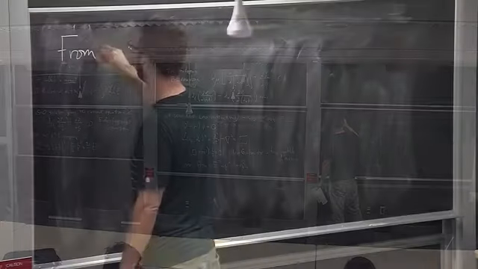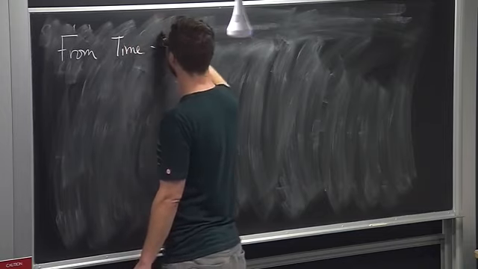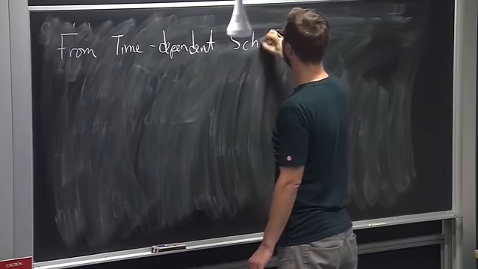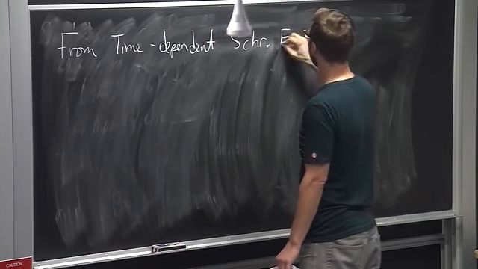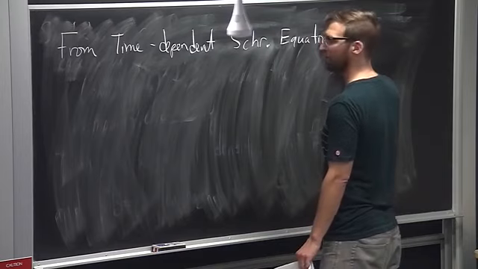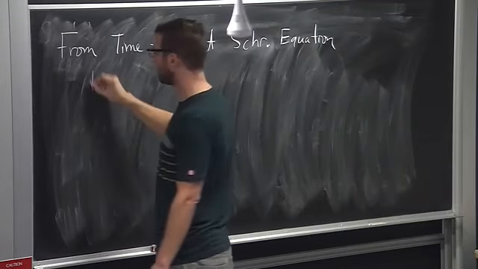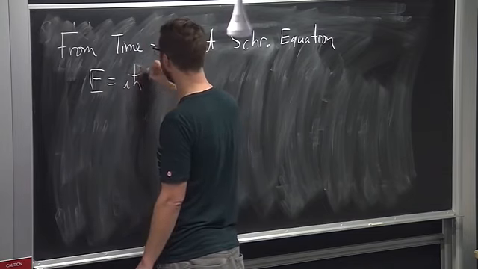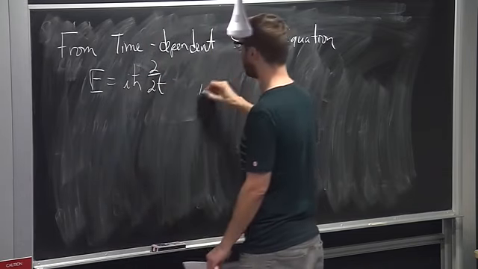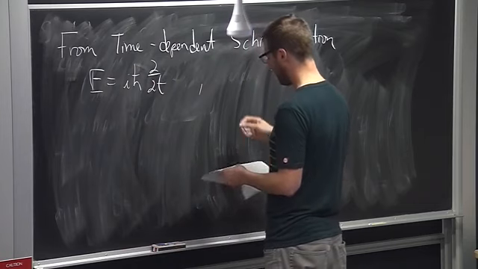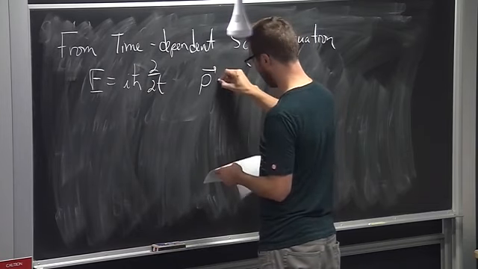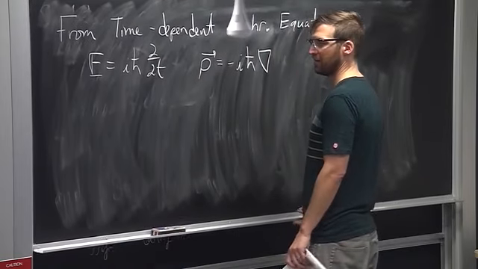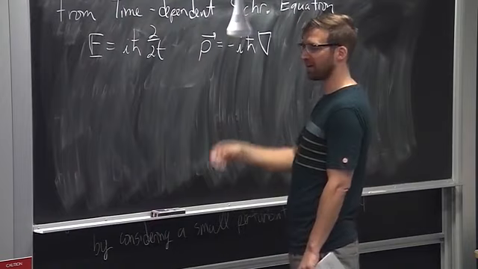So from time, it's going to be i, a time derivative there. And then just in general, your p, your momentum. That's right. Square those things, put them in that equation.